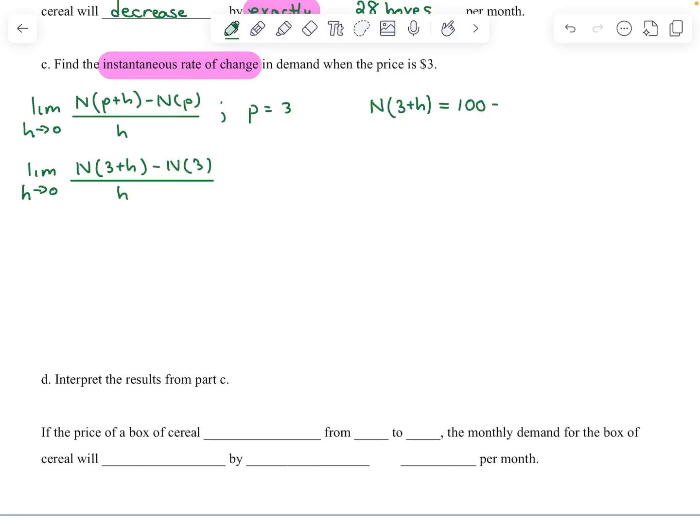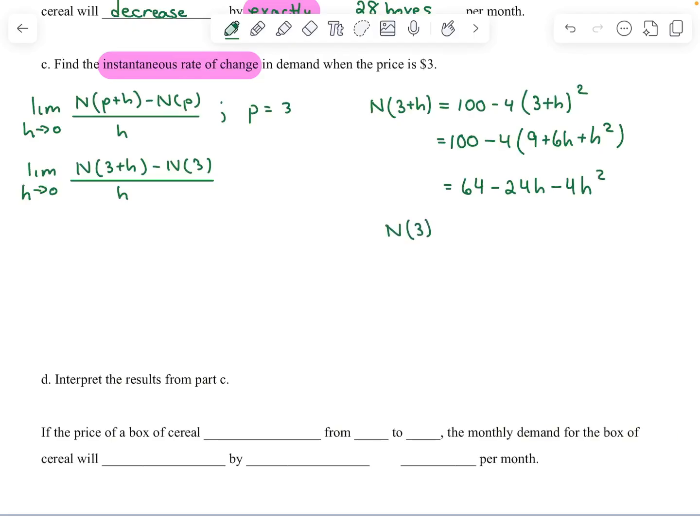So this will be 100 minus 4 times 3 plus h all squared. Now if we expand 3 plus h all squared, this will be 9 plus 6h plus h squared. Distributing the negative 4 and combining like terms will yield 64 minus 24h minus 4h squared.